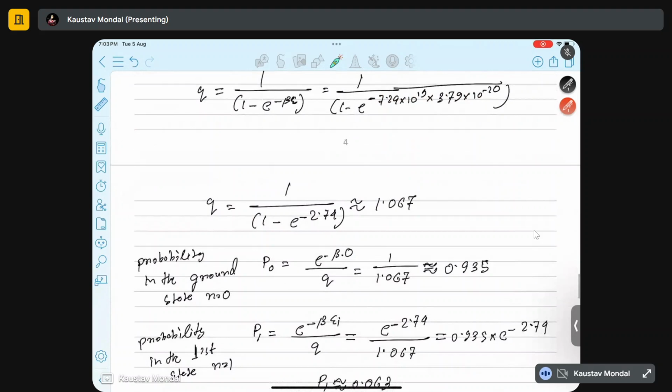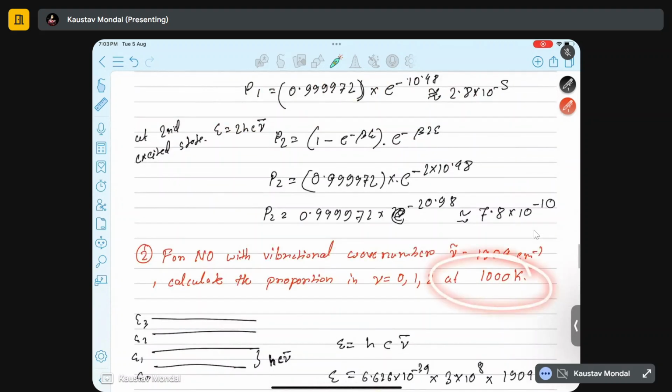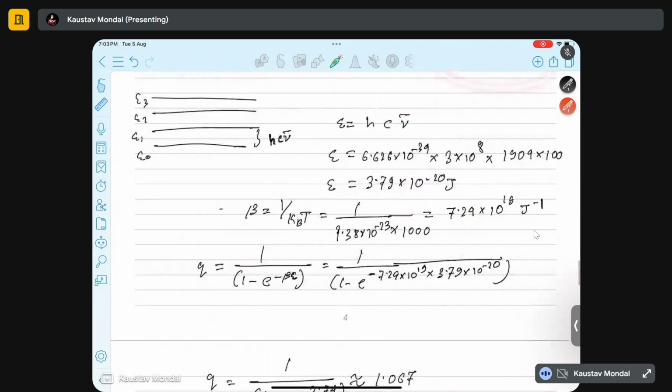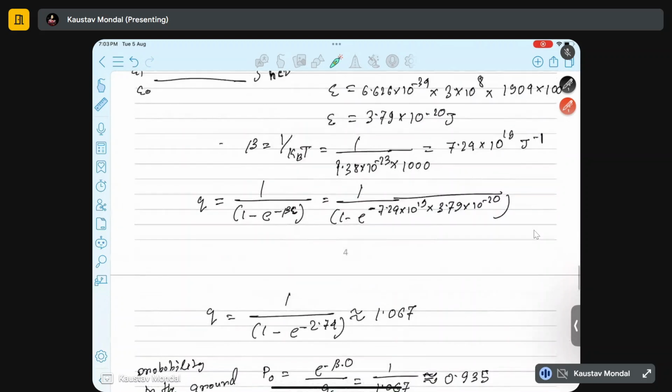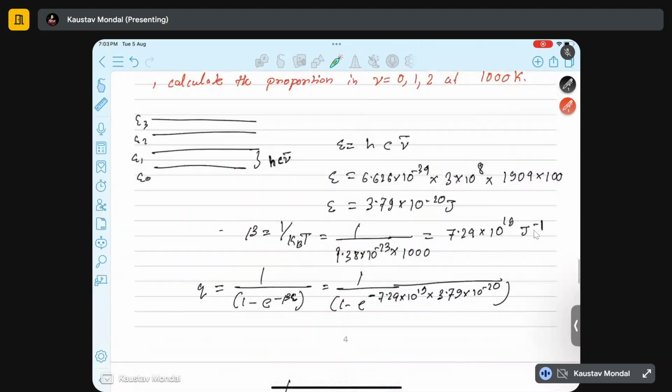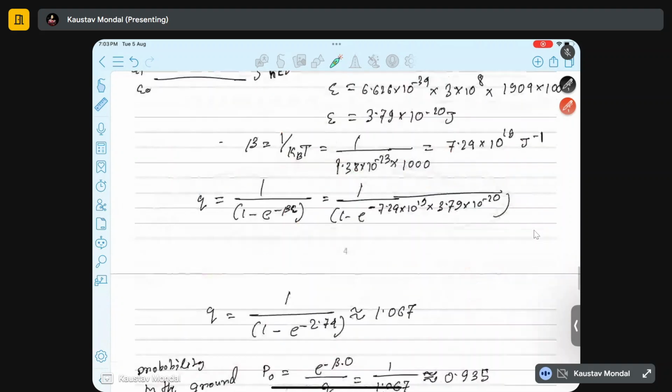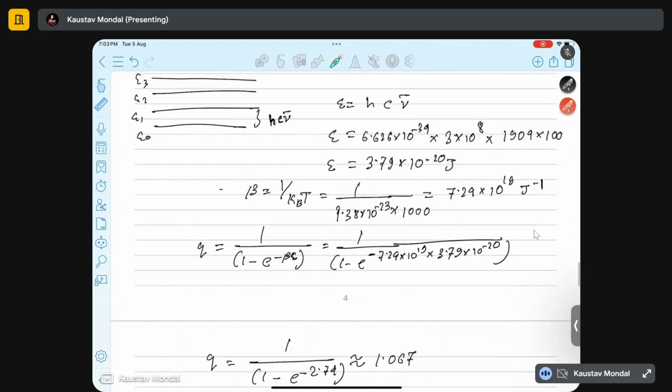Now if you move to high temperature, at 1000 Kelvin for the NO molecule, whatever molecule you take, the qualitative behavior would be the same. Here at the ground state you calculate the energy in a similar way, using the uniform energy ladder.